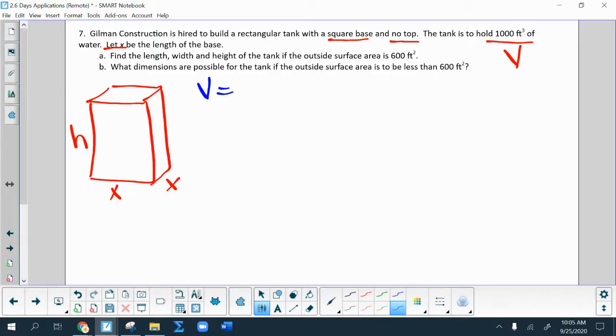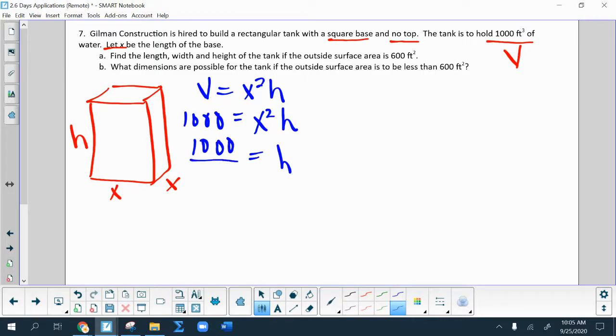The volume will be area of the base times the height, or x squared h. And since the volume is 1,000, I get x squared h equals 1,000. And I'm going to need h by itself. So I'm going to rewrite it as h equals 1,000 over x squared.